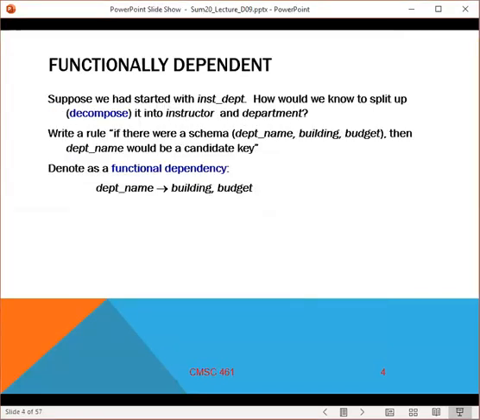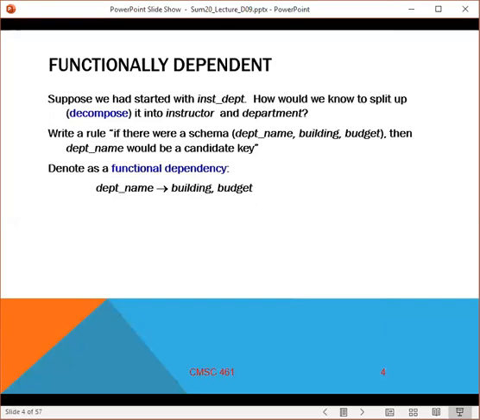So if we look at that jumbo table with both instructor and department, we can see that department name determines uniquely the department building and the department budget. These are department characteristics. That is to say that building and budget are functionally dependent on department name.